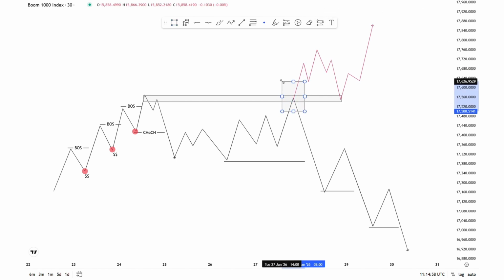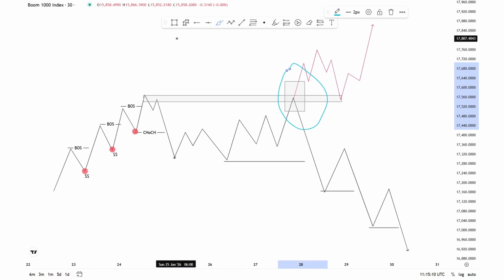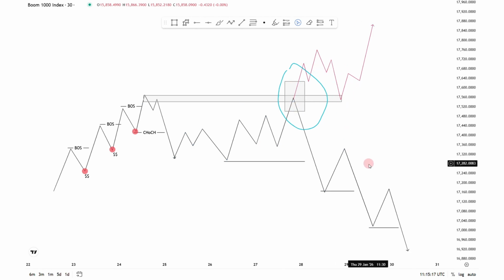It gives us a breaker block. And for that breaker block, we are going to use the information just below the zone where the price was approaching the order block, right closest to the order block, to determine if price is going to keep with the downtrend. Okay.